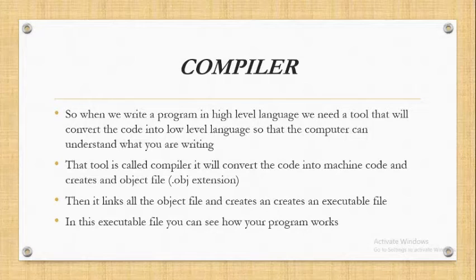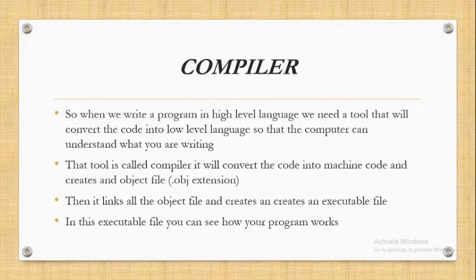For Windows it is .obj, for Linux and Unix it is .o. The compiler will convert the source file into machine code or low level language, and then it will create an object file for that machine code.